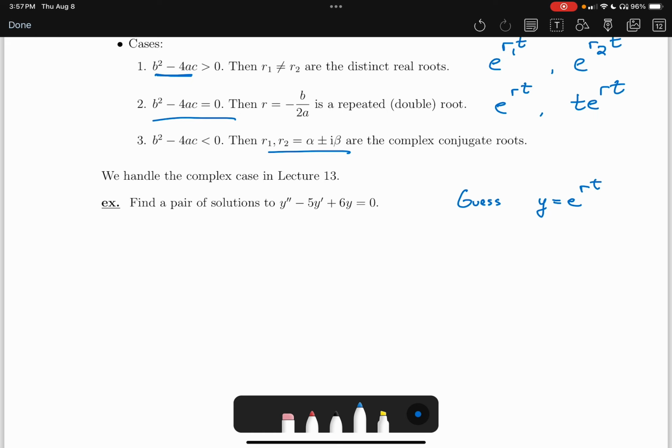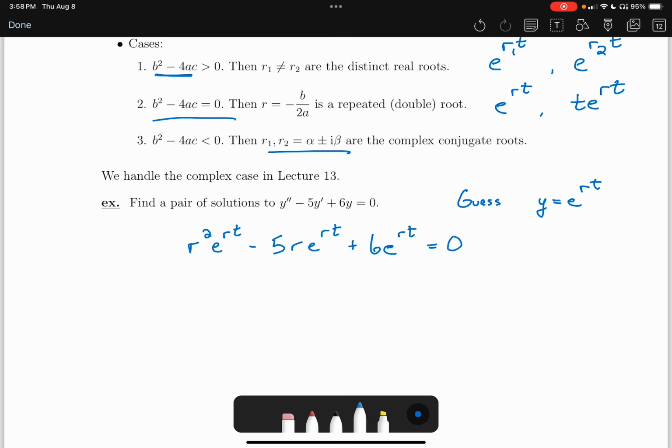There might be a constant in front. So when we plug that in, we're getting r squared e to the rt minus 5r e to the rt plus 6e to the rt equals 0.